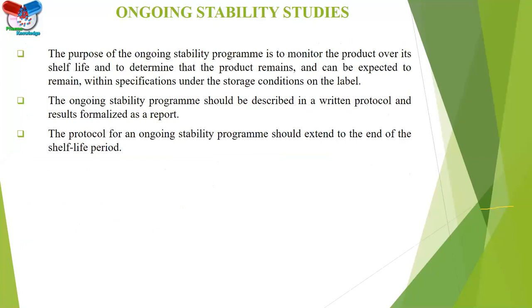The purpose of the ongoing program: after this primary stability study, as we already defined by process validation, after vendor change, formulation change, what does the guideline say about the ongoing stability study? The purpose of the ongoing stability program is to monitor the product over its shelf life and to determine that the product remains, and can be expected to remain, within specification under the storage condition on the label.